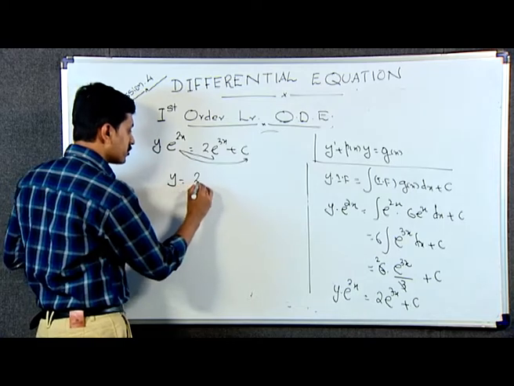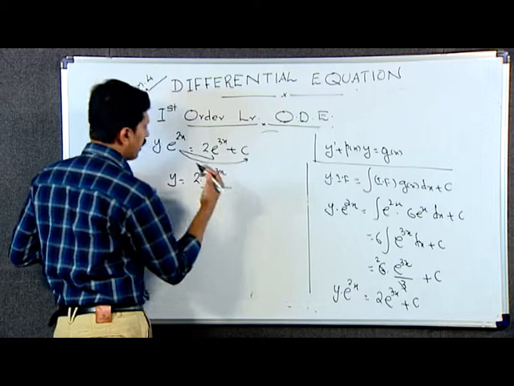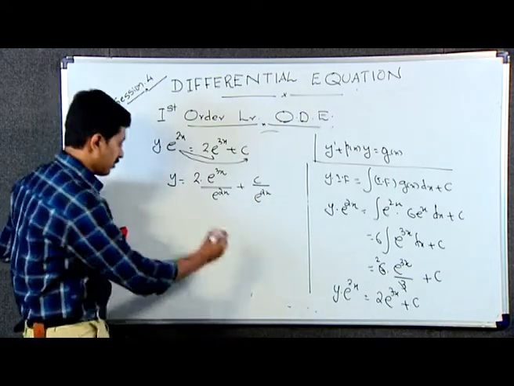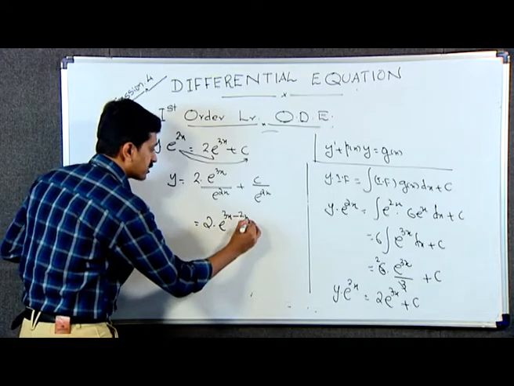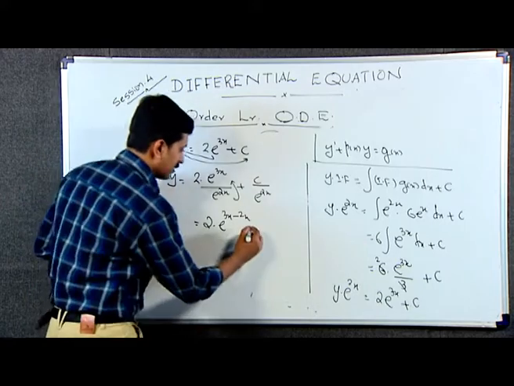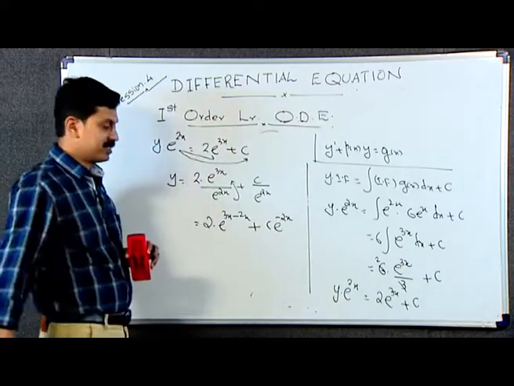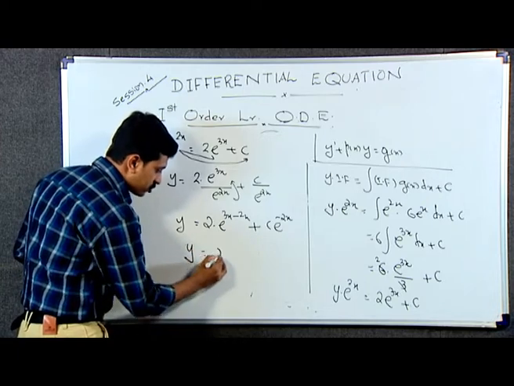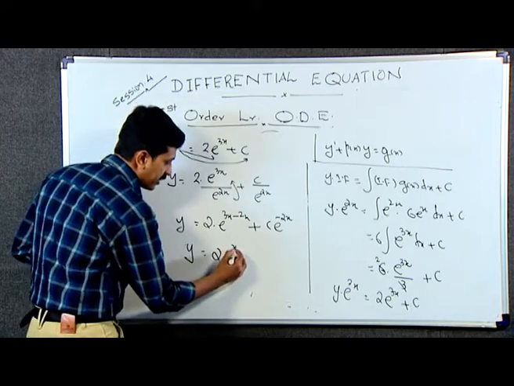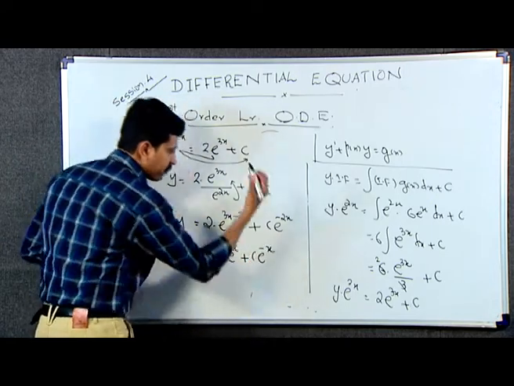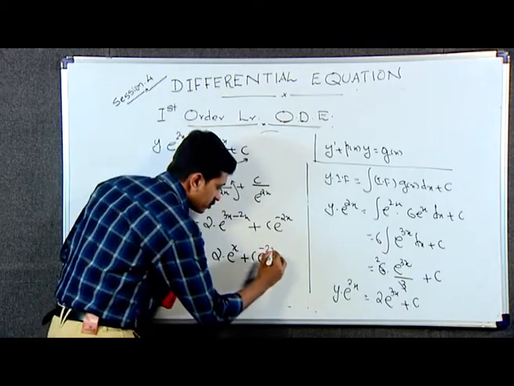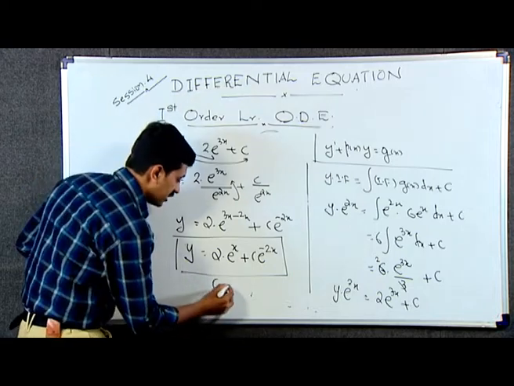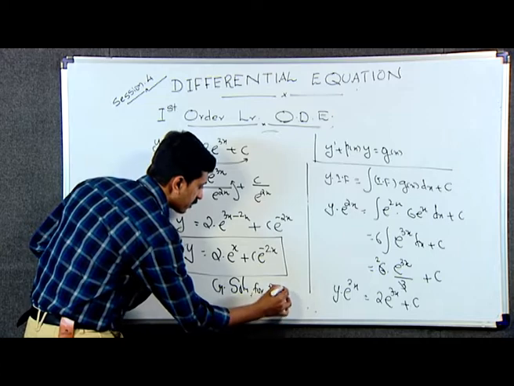Therefore, y is equal to 2 e raised to 3x divided by e raised to 2x, plus c divided by e raised to 2x, which is 2 times e raised to 3x minus 2x, taking the 2x to the upper part, plus c e raised to minus 2x. So y is equal to 2 e raised to x plus c e raised to minus 2x. Now, there is no initial condition, that is why this is the final answer. This is the general solution for the given differential equation.